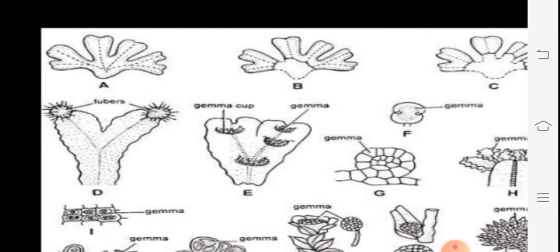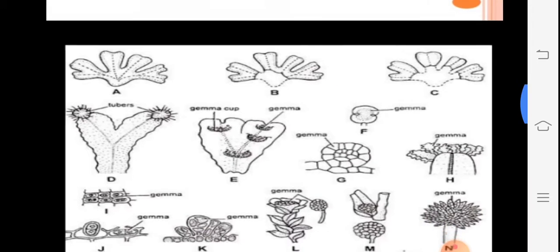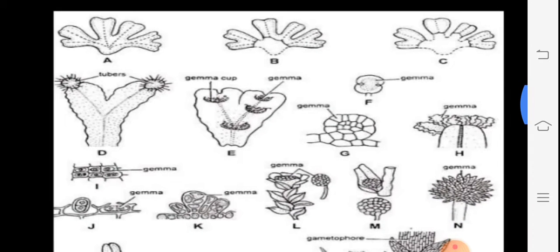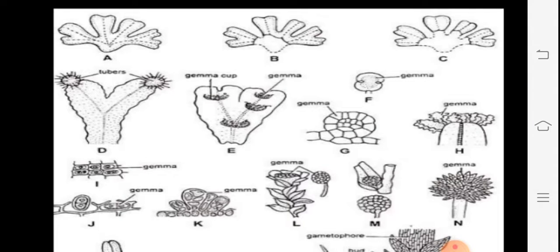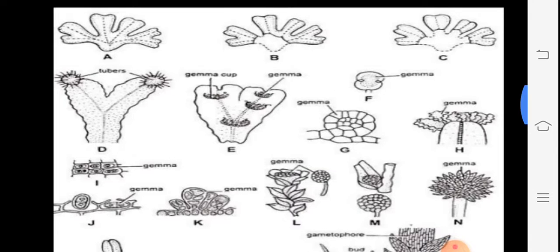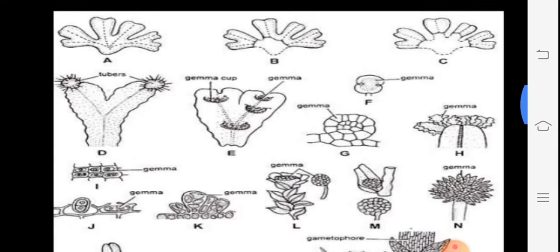In relation to reproduction, we already know there is the vegetative method and the sexual method. So we know the tubers, then gemma cups developing gemmae, or there is the formation of these gemmae. They show specifically different forms. Suppose in Marchantia or Lunularia, these are different.